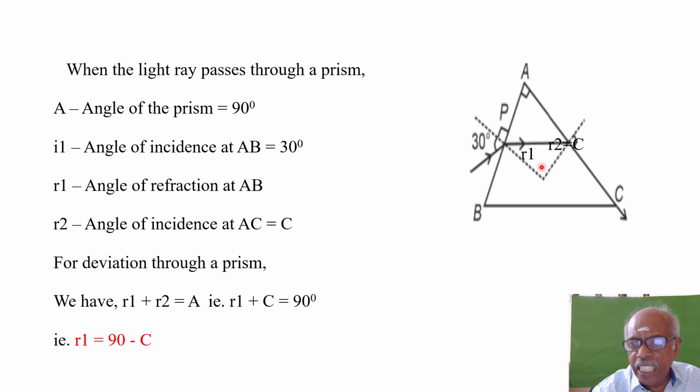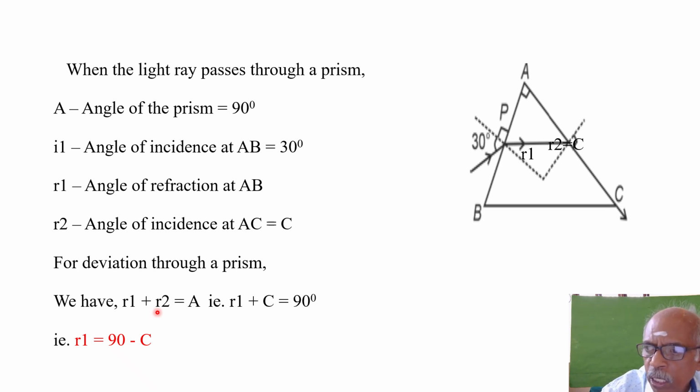For deviation through a prism, we have the formula R1 plus R2 is equal to capital A. R1 is the angle of refraction at the first face, the entering face. R2 is the angle of incidence at face AC.